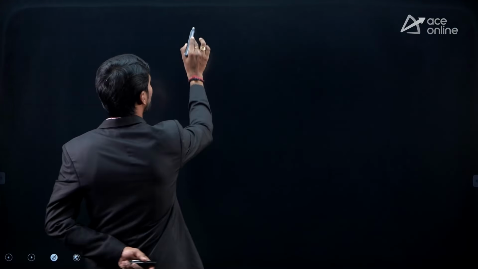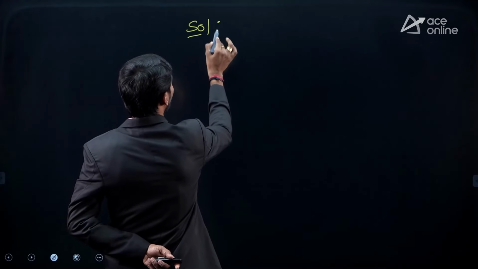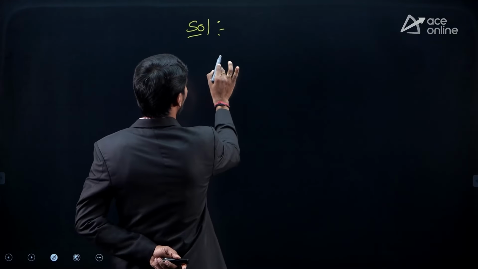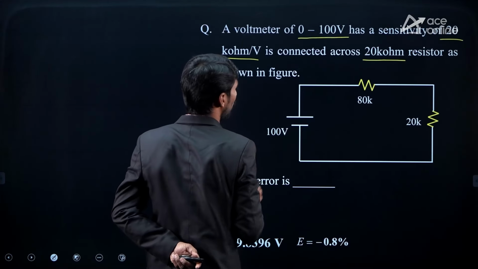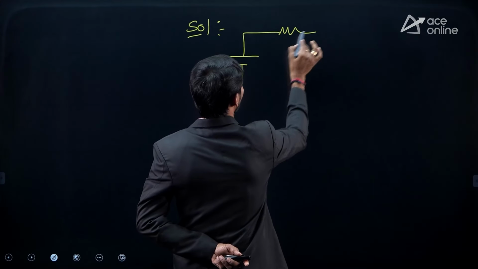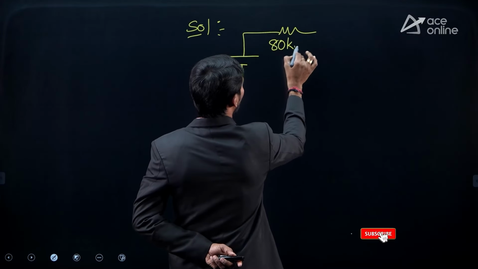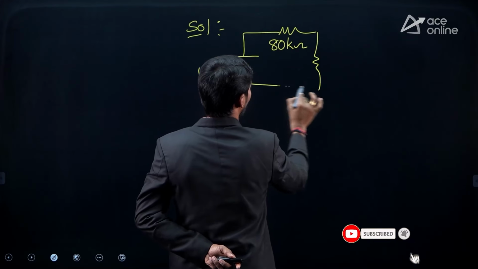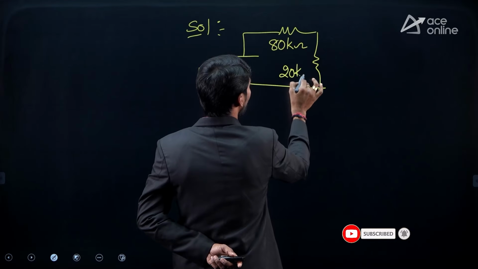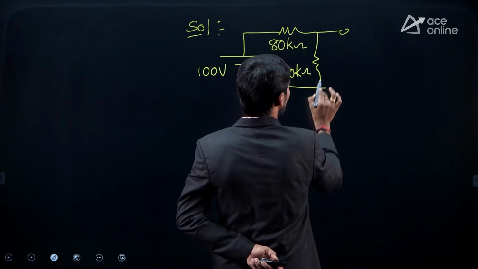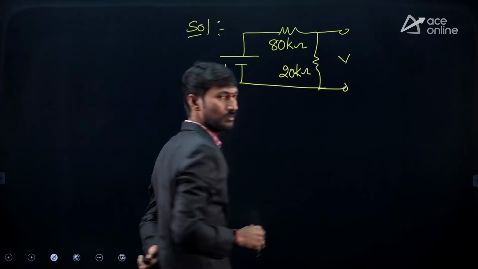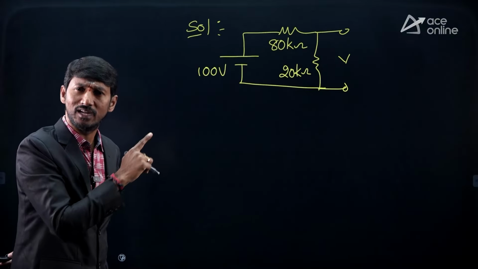Now, what is it, sir? I am redrawing the diagram. This is 100 volt, and this is 80 kilo ohm, and this is 20 kilo ohm. Now, I am not connecting any voltmeter, simply I am finding the voltage. If I am finding the voltage directly, that will be the true value.